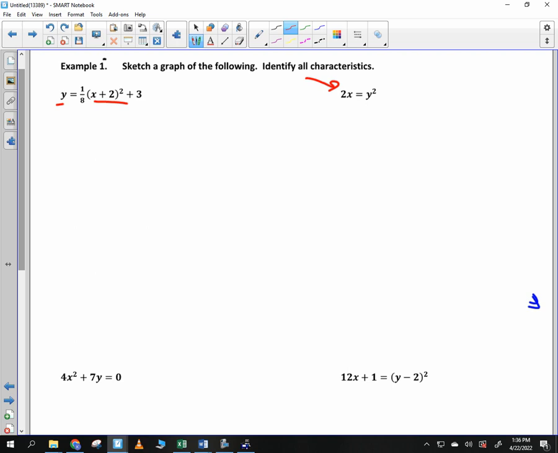So if you notice in this situation, if I just divide by 2, I get x equal to 1/2 y squared. So therefore, this is a horizontal parabola. I'm going to list the direction, the vertex, the axis of symmetry, the focus, the directrix, and the length of the latus rectum.